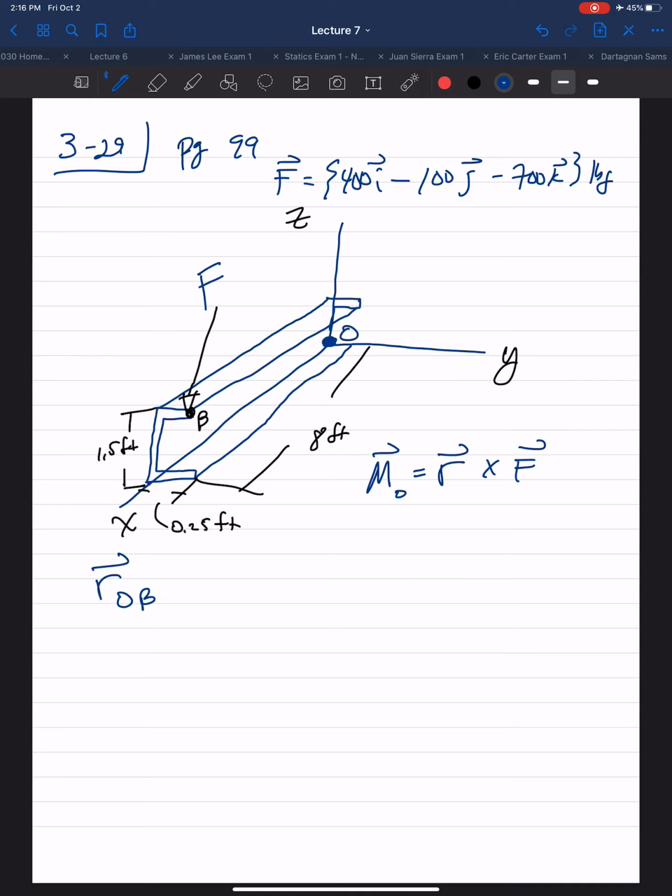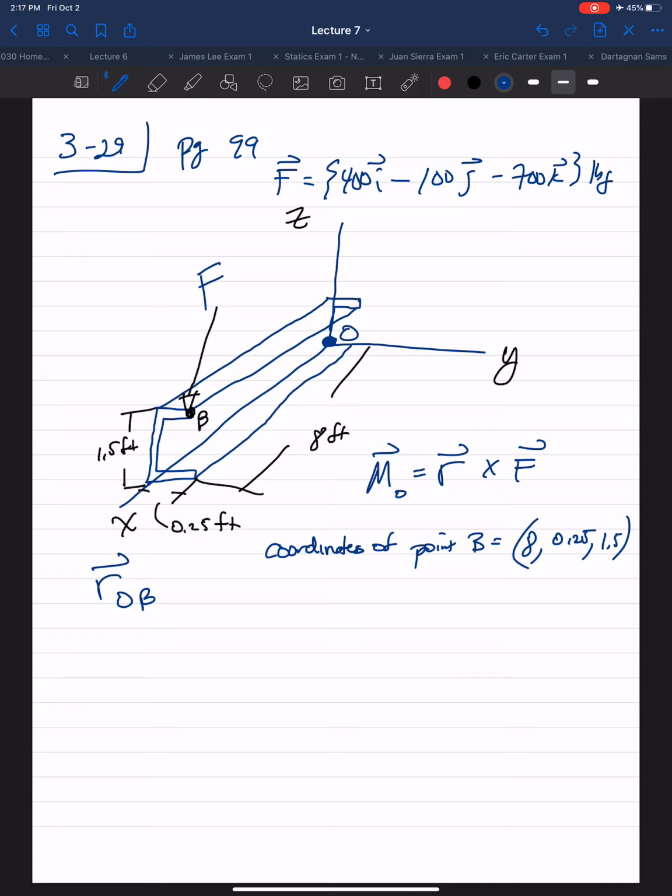The coordinates of point B in the x direction from the origin is 8. In the y direction, it is 0.25. And in the z direction, it is 1.5. So let's write that. In the x direction is 8. In the y direction is 0.25. And the z direction is 1.5.